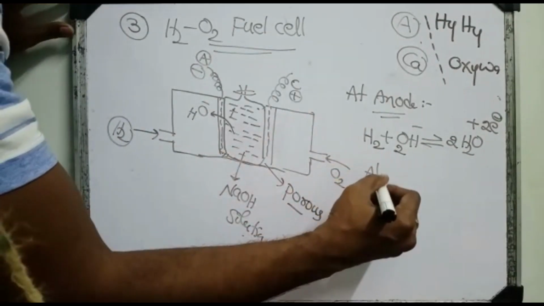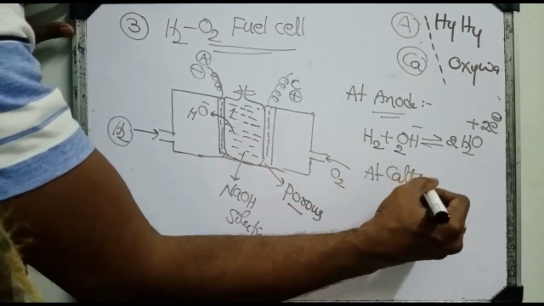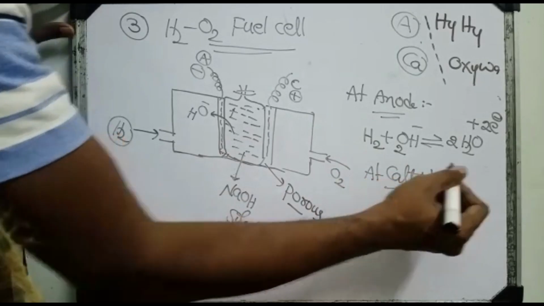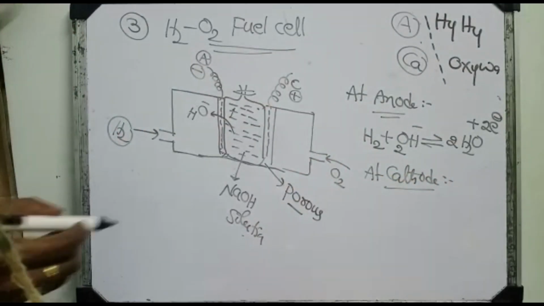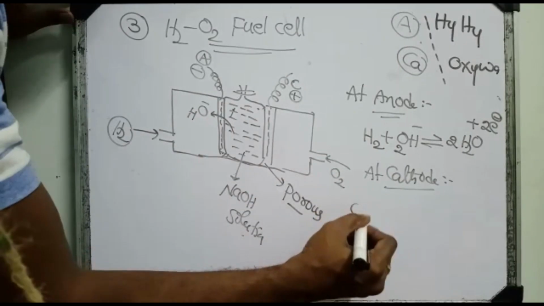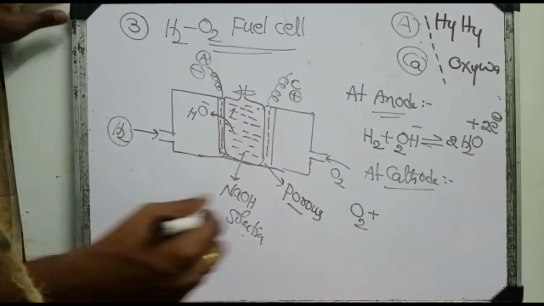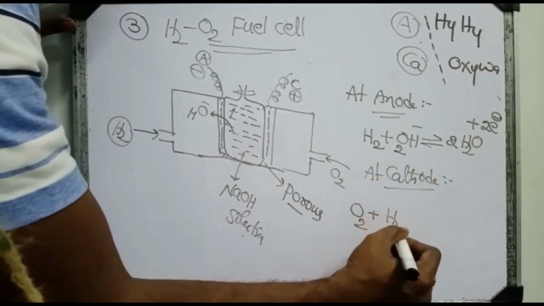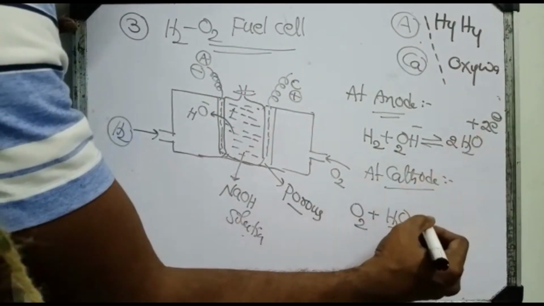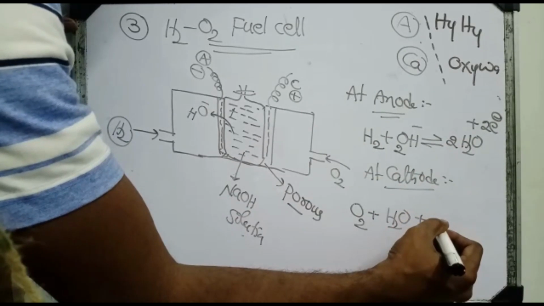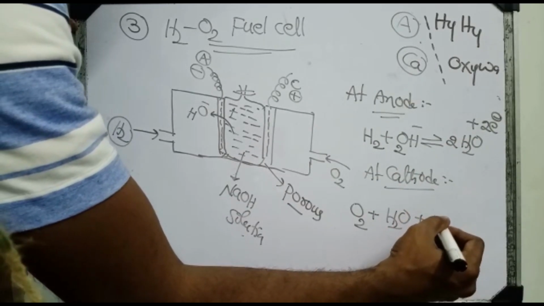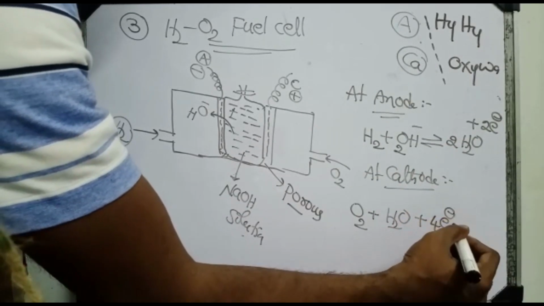Next, at the cathode, electrons are absorbed. Who is at the cathode? Oxygen. Oxygen absorbs water plus 4 electrons.